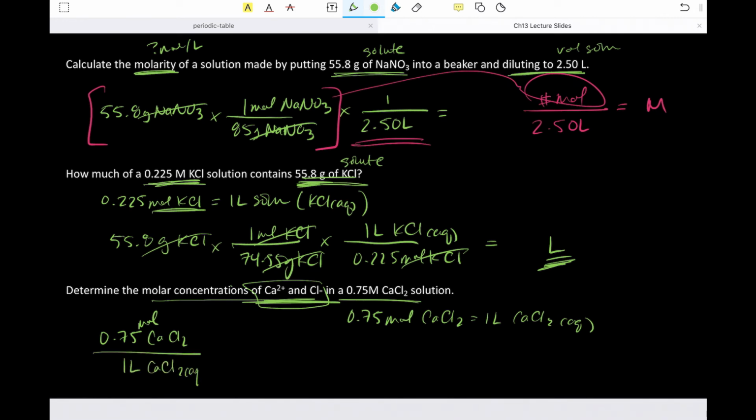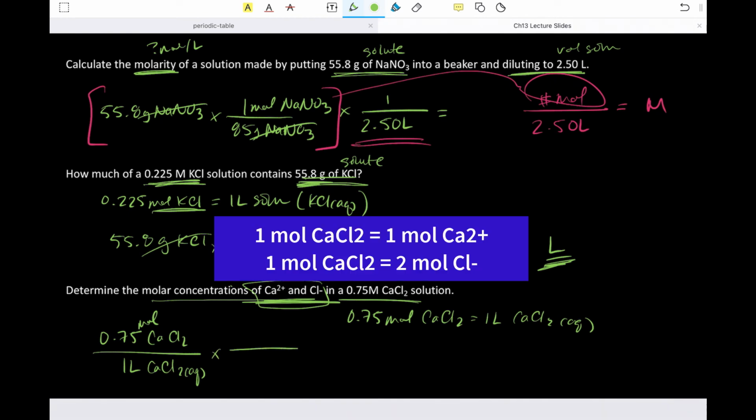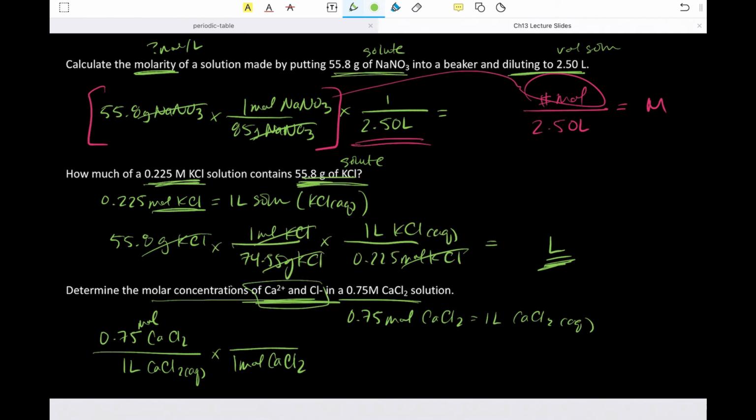Now, I know that 1 mole of CaCl2 contains how many moles of calcium? It contains 1 mole of calcium, which means that I have 0.75 molarity calcium ions in my solution. Or I could say 0.75 moles of Ca2+ per every 1 liter.